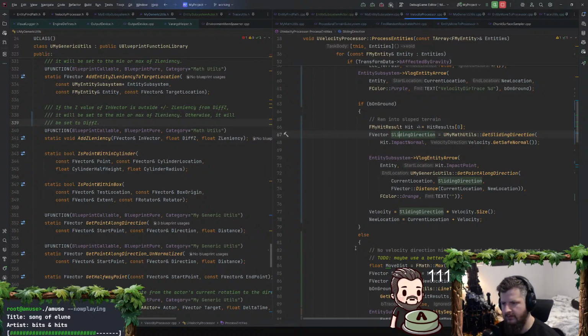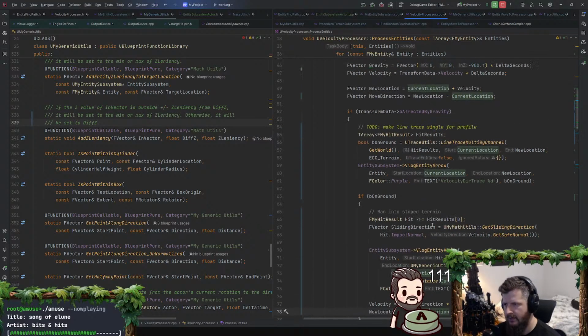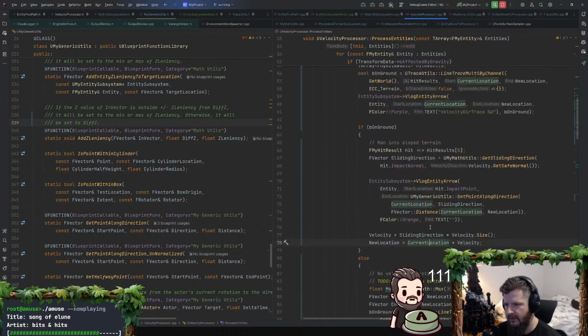New location, we just do current location plus velocity again. But velocity has changed now, obviously. So what does that mean?